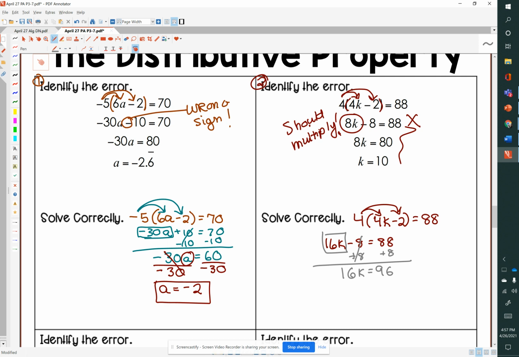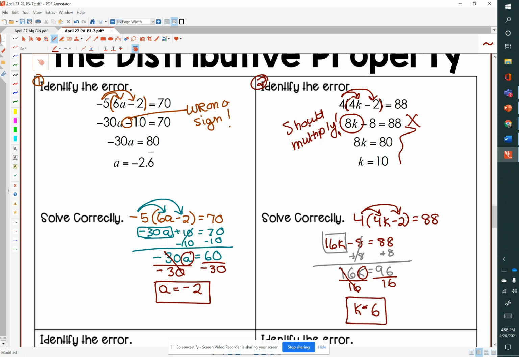So the next thing we're going to do is divide 16k by 16 so that we can isolate this k, but we also have to divide the 96 by 16. So that would leave us with k equals 96 divided by 16 equals 6, and that's a positive 6 because it's a positive divided by a positive.